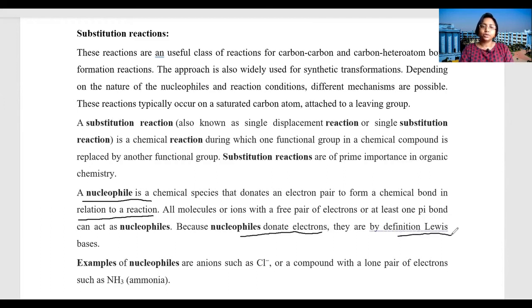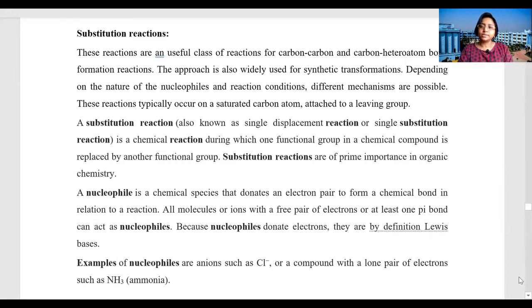Okay, so what are examples of nucleophiles? It is like Cl minus, ammonia, NH3, which can donate the lone pair of electrons. These are called nucleophiles.